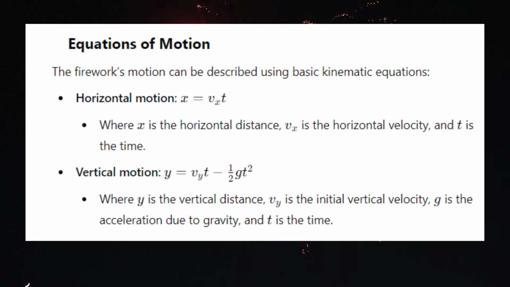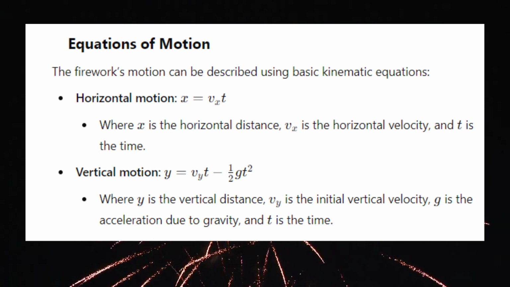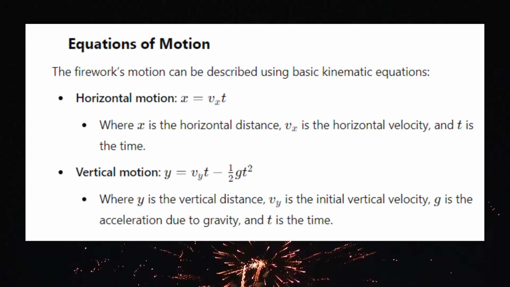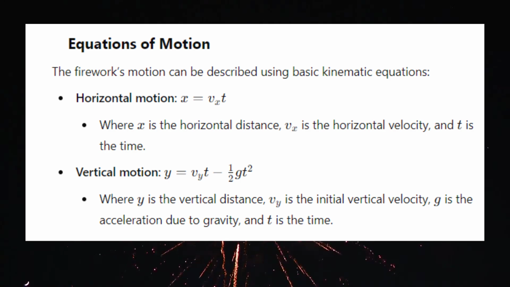We can check our understanding of the phenomena by taking a look at some equations of motion that you may encounter in this module using basic kinematic equations, such as this one for horizontal motion, where x is the horizontal distance, vx is the horizontal velocity, and t will represent time.